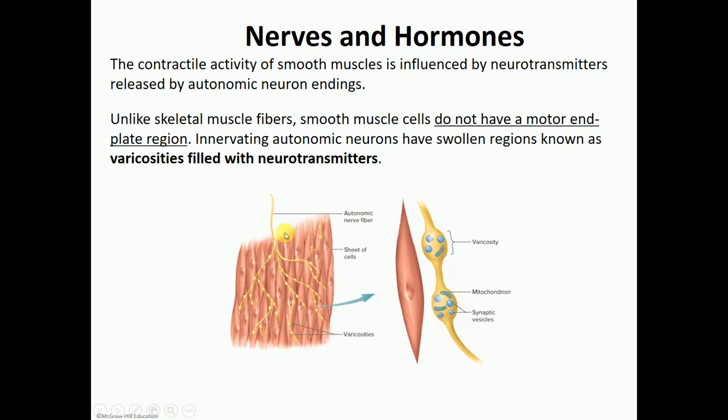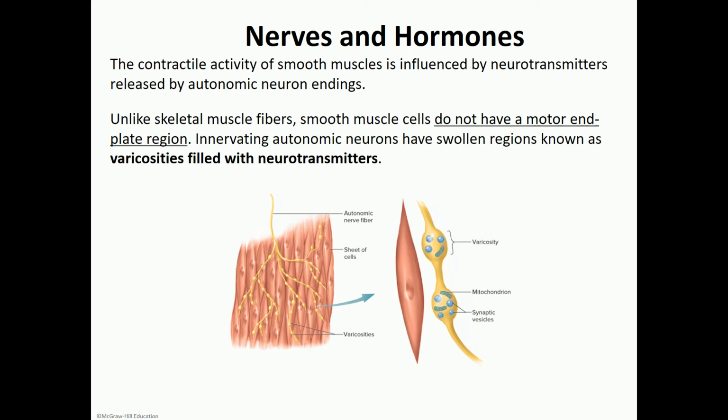This right here are your spindle-shaped smooth muscle fibers, and you can see the nerve endings. So they will be getting autonomic nerve supply. They will not be getting the somatic nerve supply that we talked about in skeletal muscles. Rather, they'll get autonomic, whether sympathetic or parasympathetic. If you look at the nerve endings in the autonomic nervous system, they do not have those terminal knobs that we talked about in the motor neurons.